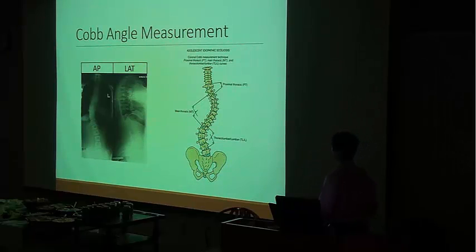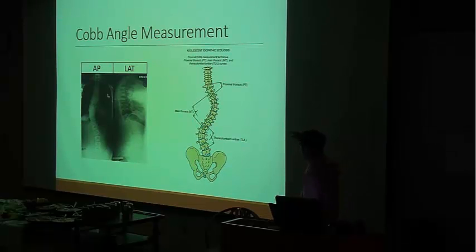Typically 3 angles are considered. The main angle is between the two most tilted vertebrae, and then there's the top angle, which involves the first vertebra and the first tilted vertebra, and the bottom angle, which involves the second tilted vertebra and the last vertebra.